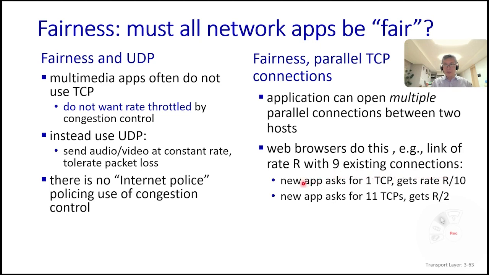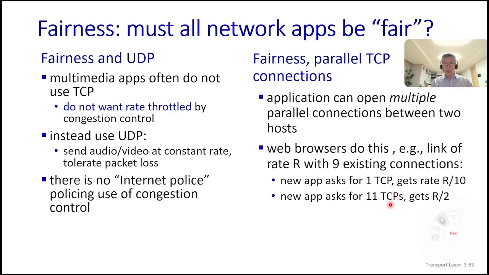So there are two cases. In one case, a new application asks for one TCP connection, and together with the existing ones, R is divided equally by 10. But if the application opens 11 TCP connections, with the existing 9 and these 11, the sum is 20.